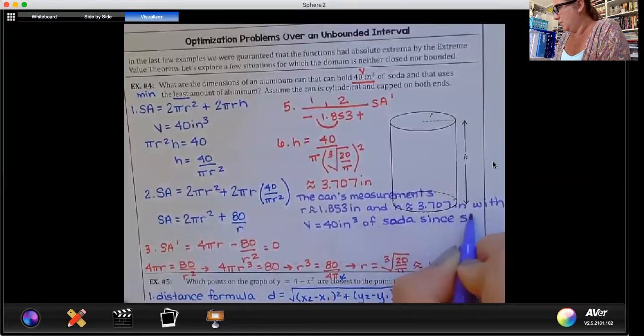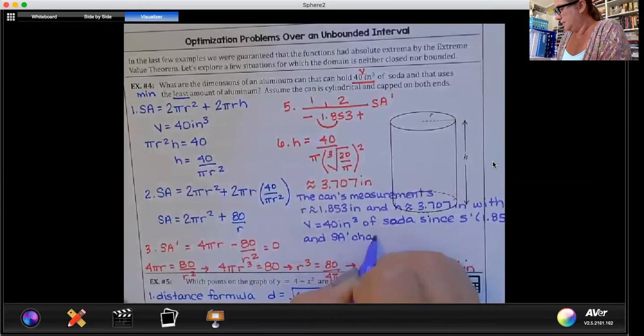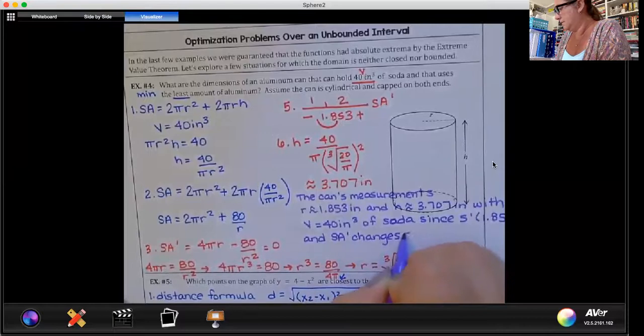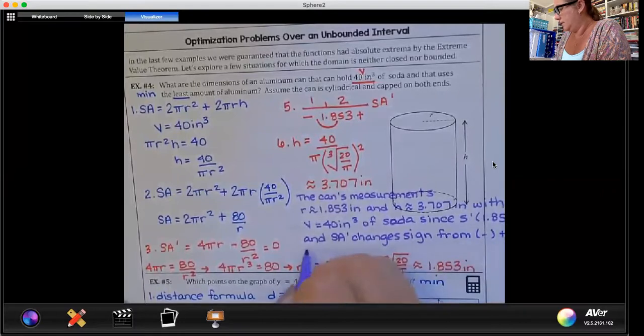Since S prime of 1.853 equals 0, and surface area prime changes sign from negative to positive here.